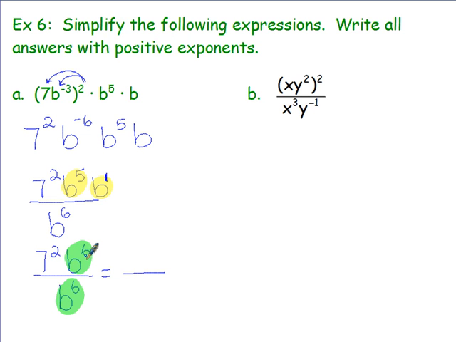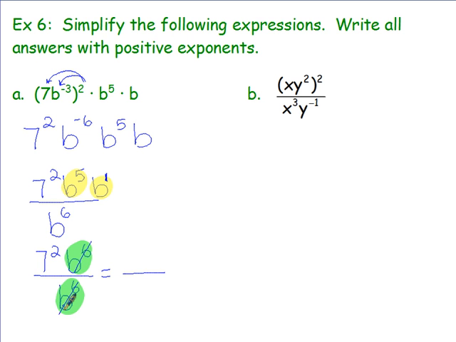Six B's take away 6 B's. Well, what happens when it's the same amount? Well, what's 6 take away 6? Well, it's 0. And the one rule that we really haven't seen yet is the rule with 0. If you get a 0, it cancels. These basically cancel out, because 6 take away 6 is 0.